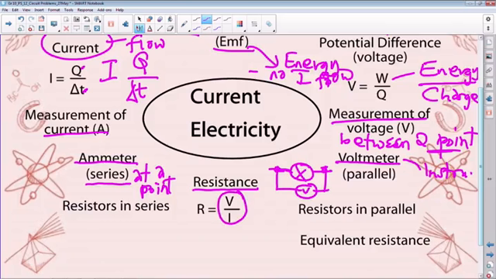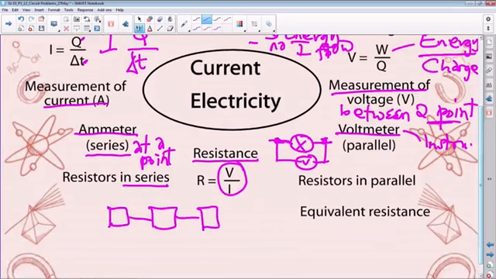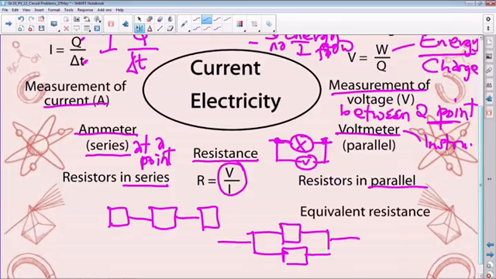We may connect it in series, meaning that there is one path for current to flow, or we may connect it in parallel to represent more than one alternative path in which current can flow. So this is a typical parallel circuit. When current reaches that point, some of it goes in that direction, some of it goes in that direction. Hence, we talk of resistors in parallel.